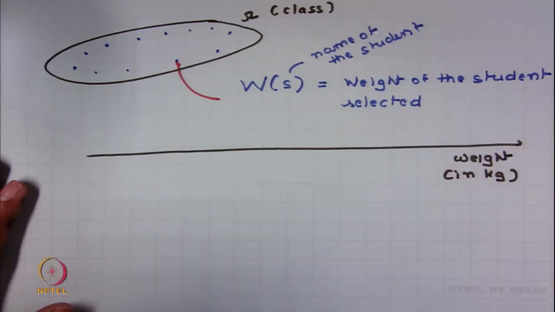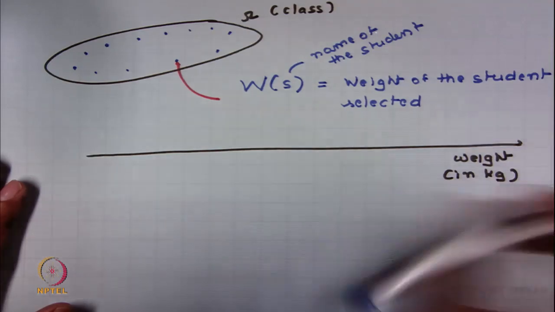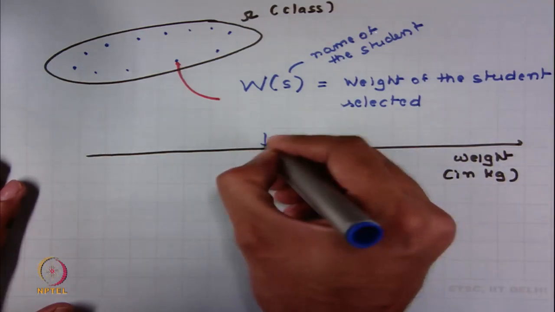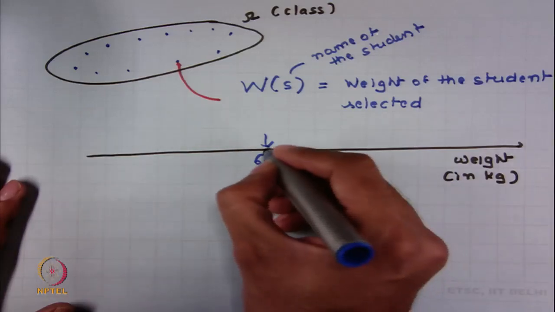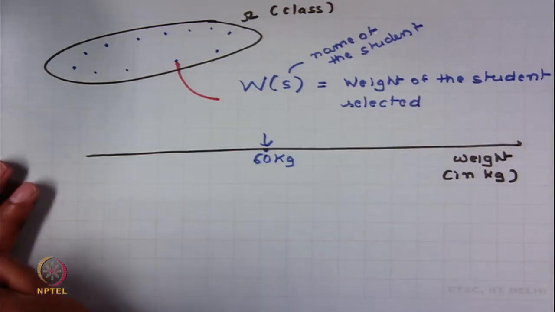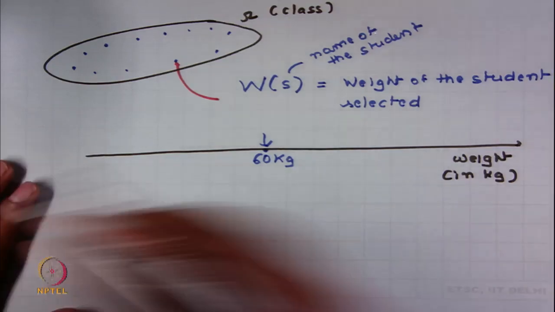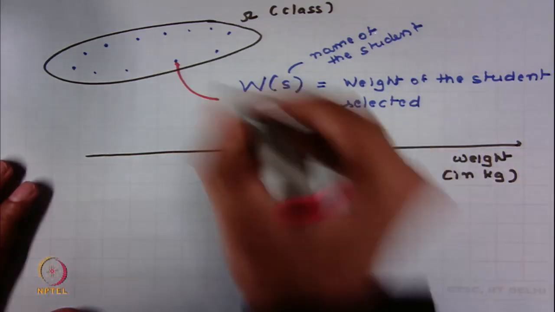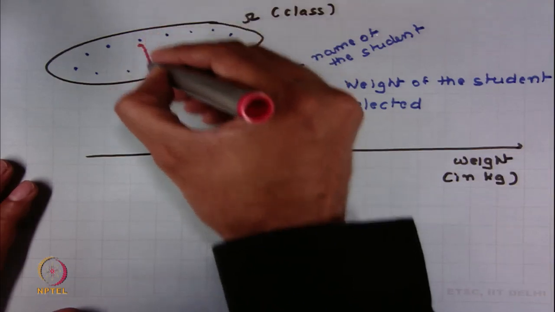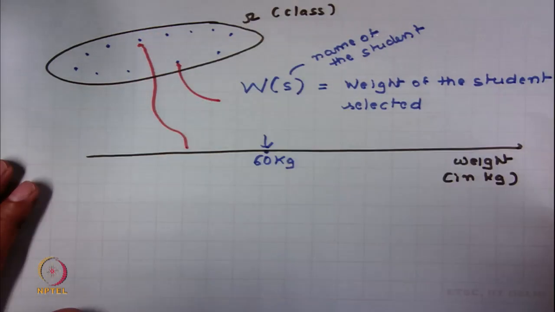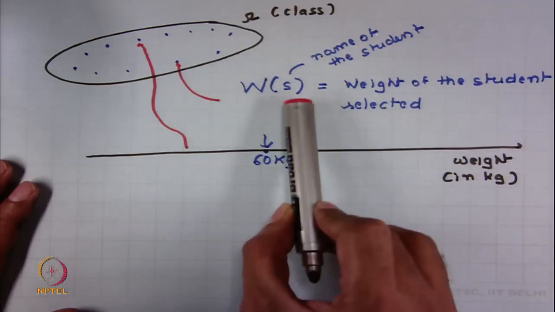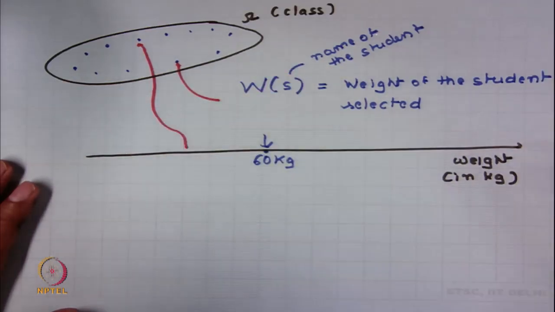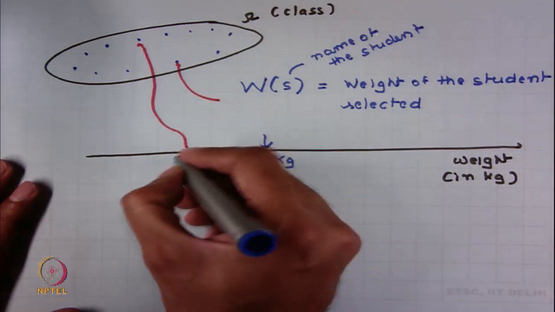Let us say the weight of the student is 60 and I put this on the real line. I do this experiment again and randomly select another student, whose name is again passed to this function, which returns the weight of that student, and let us say the weight is 50.